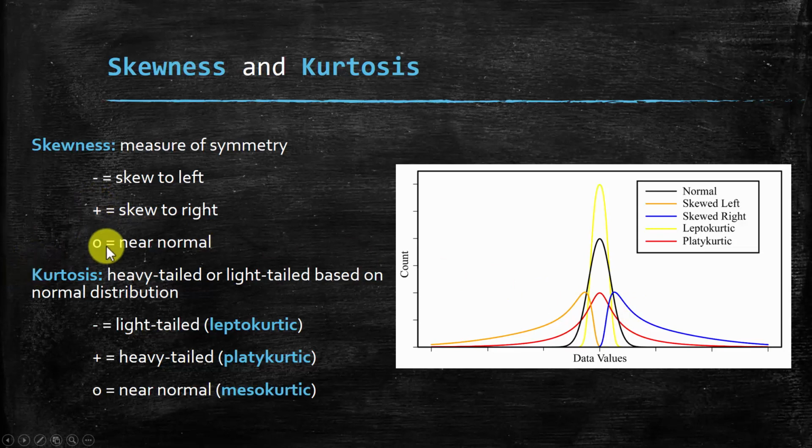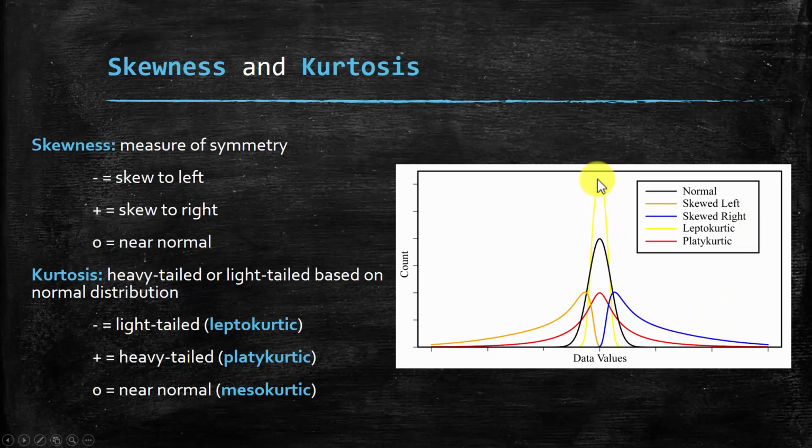In contrast to that, kurtosis is used to look at how heavy-tailed or light-tailed a distribution is in comparison to a normal distribution. So is it much wider, more spread out, more variable, or heavy-tailed than a normal distribution, or is it light-tailed, with everything tending to be centered? In this example, this yellow curve represents what we call a leptokurtic distribution, and that's less variable, more pointy or light-tailed than a normal distribution.